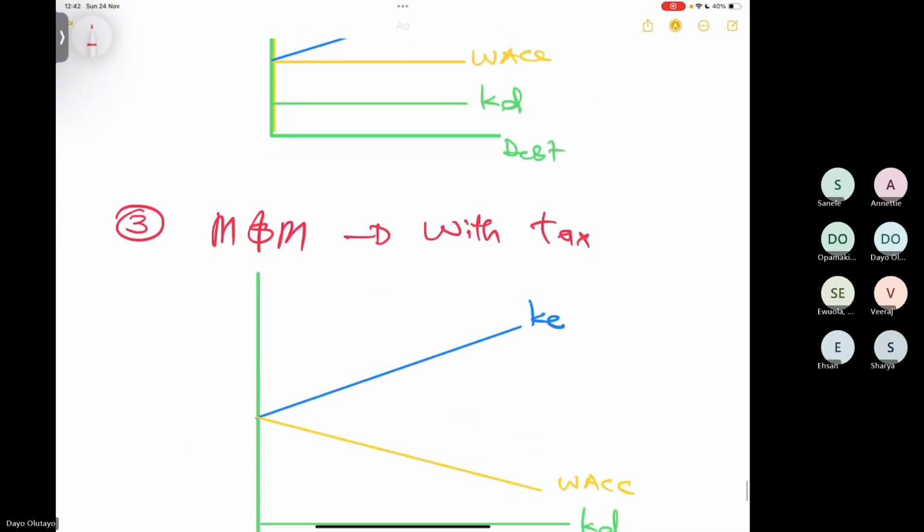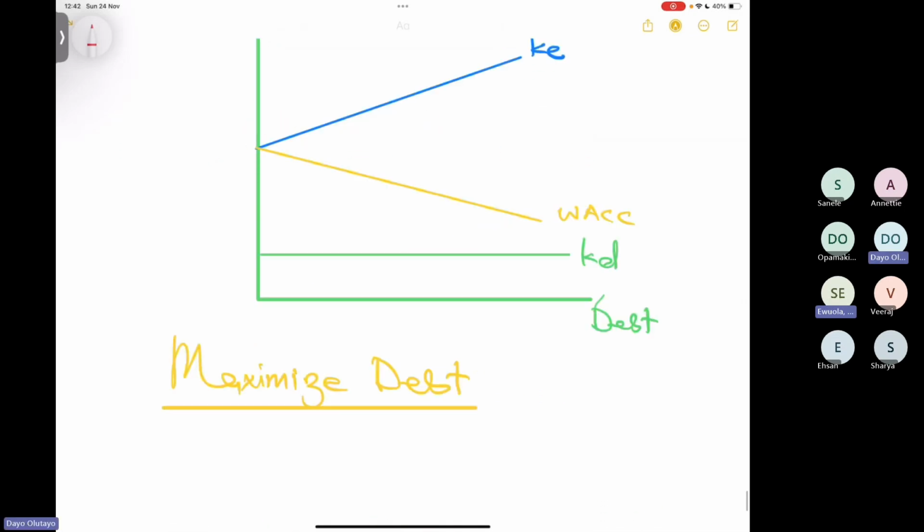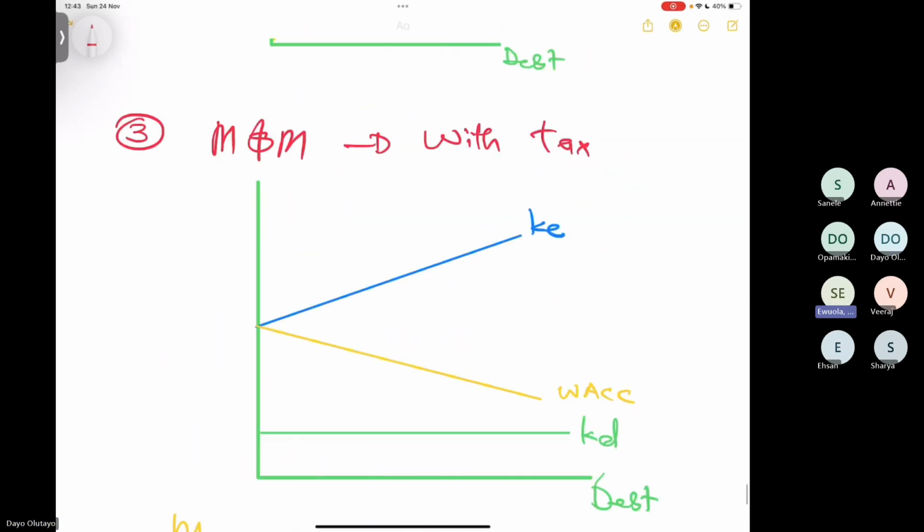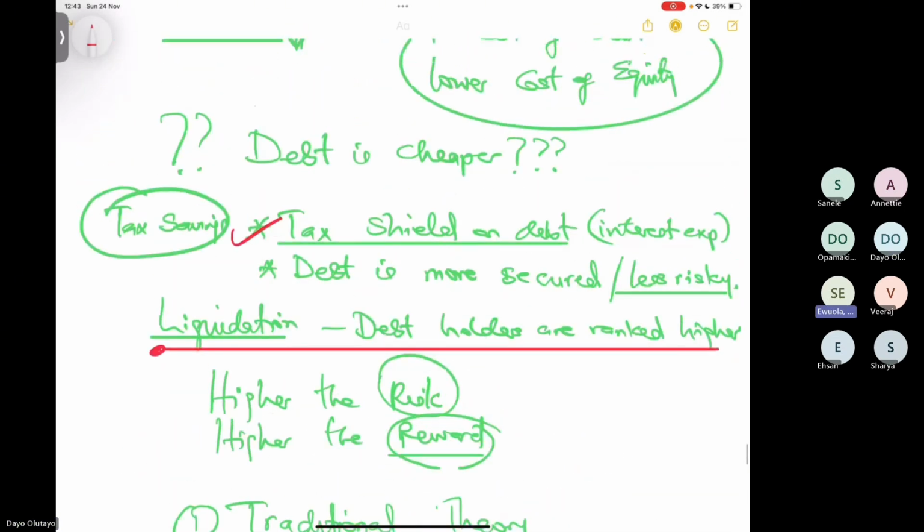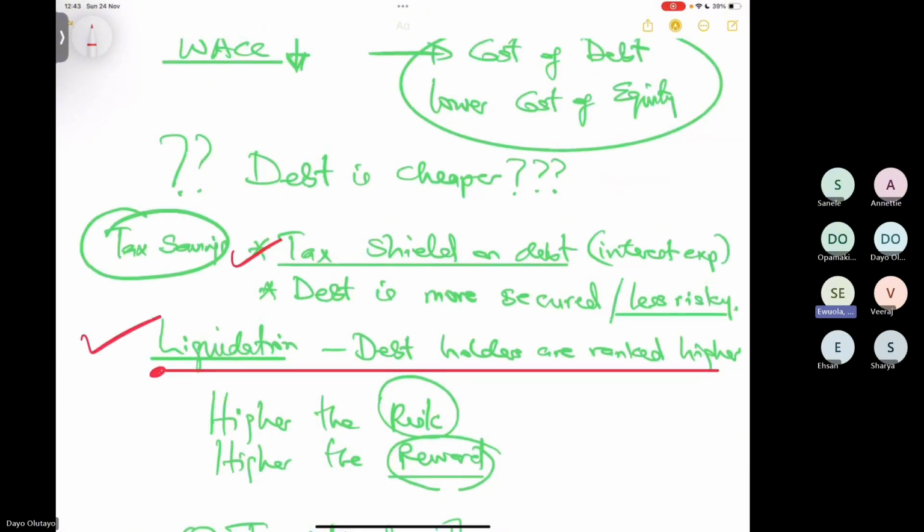Let me just say what I've gotten, and then the other part I've not gotten. I've gotten the part where you mentioned that when liquidation happens, the debtors are paid first before the shareholders. So that makes sense.